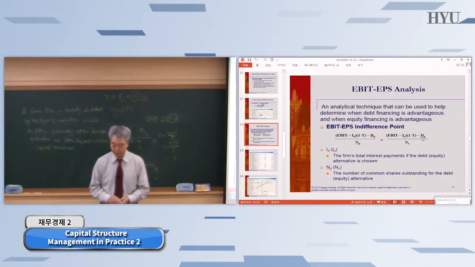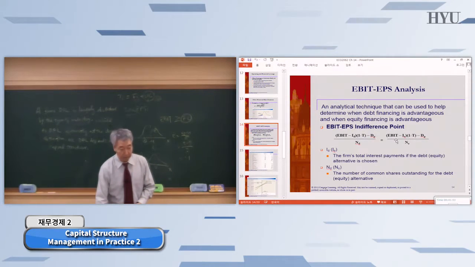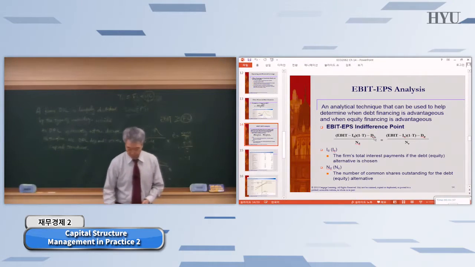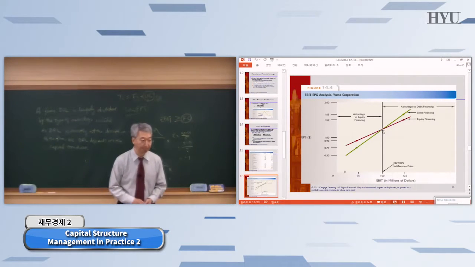Okay. And then substitute tax rate here and IE and ID, and solve for EBIT. Just plug in all other numbers here and set them equal and solve for EBIT. Then you're going to come up with the EBIT level where these two EPS will be the same, right?